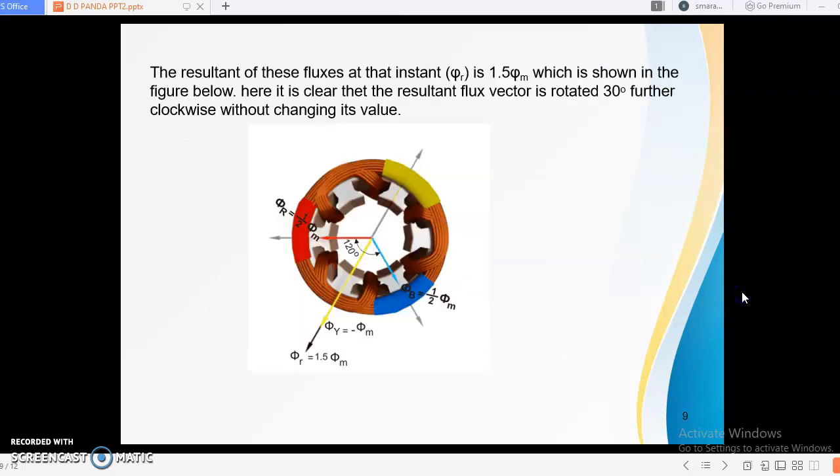We can see in the diagram here, this is phi b, this is phi r, this is phi y, which is minus phi m. So here also the magnitude of resultant flux will be the same, but it has further rotated 30 degree in clockwise direction without changing its value.